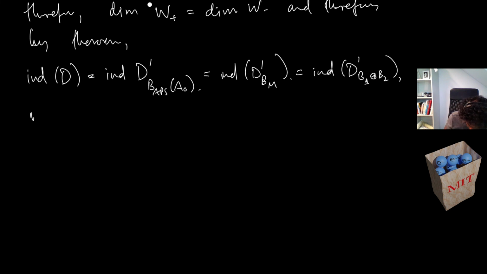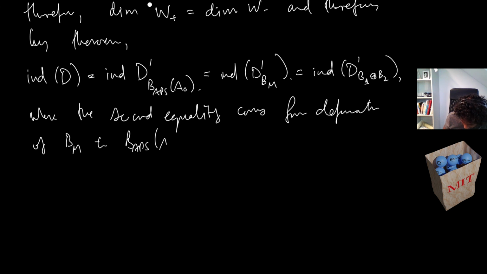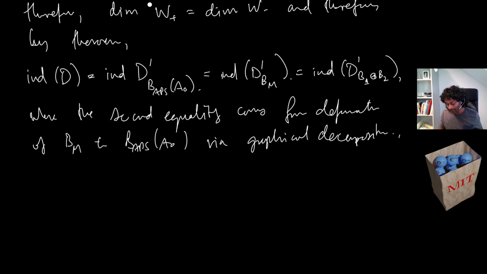And I should say where the second equality comes from: from deformation of BM to BAPS A naught via graphical decomposition. Maybe I'll include that as a lemma in the next thing.